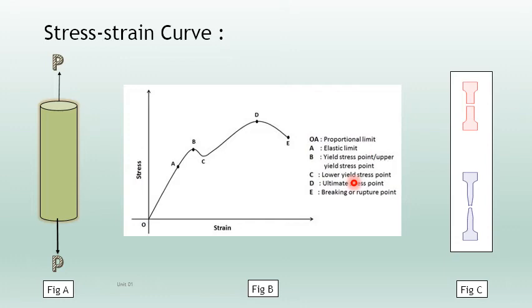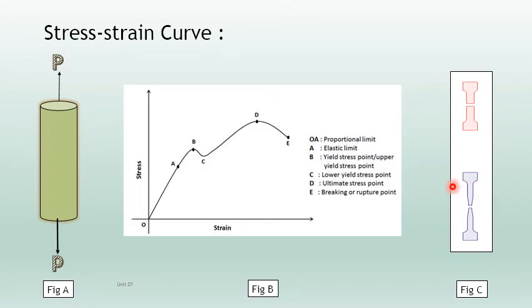The stress corresponding to point D is called the ultimate stress. After the specimen has reached the ultimate stress, a neck is formed, which decreases the cross-sectional area of the specimen.